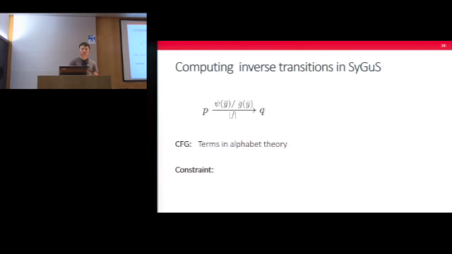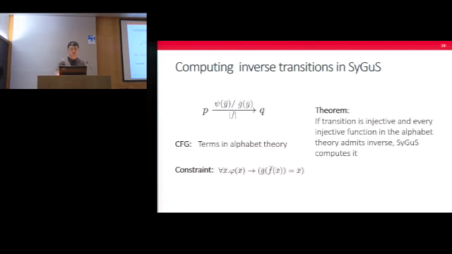Similarly, we can build a SyGuS problem to compute G. The context-free grammar is the terms in our alphabet theories, and the constraint formula is something we already have. Then, the completeness theorem shows that if the background theory admits inverse, the SyGuS solver will finally find solutions for us. It will finally compute G.